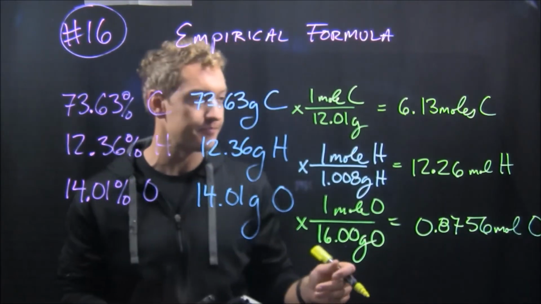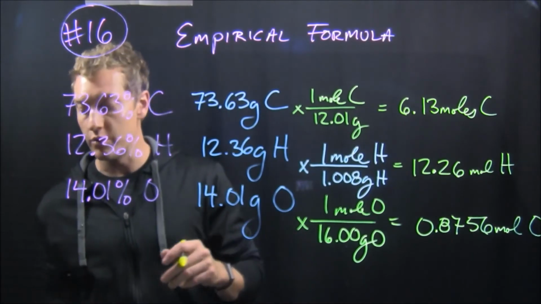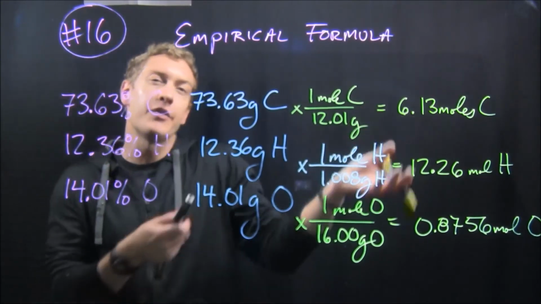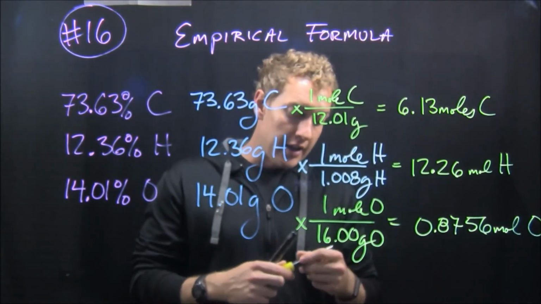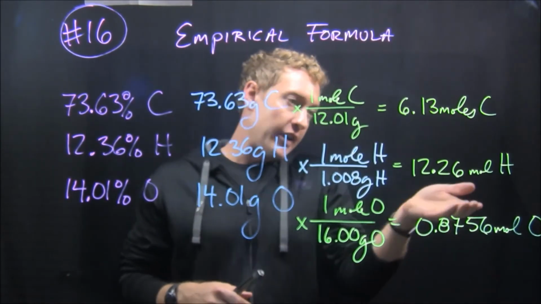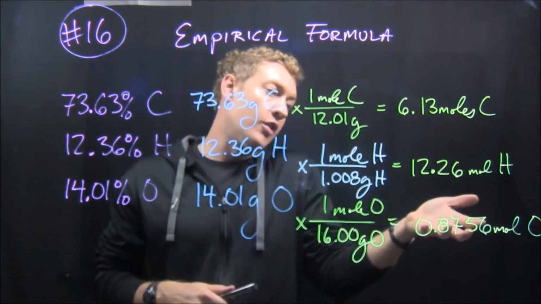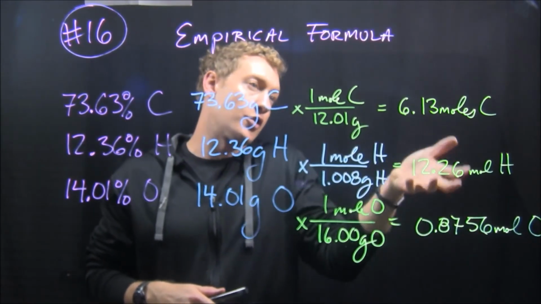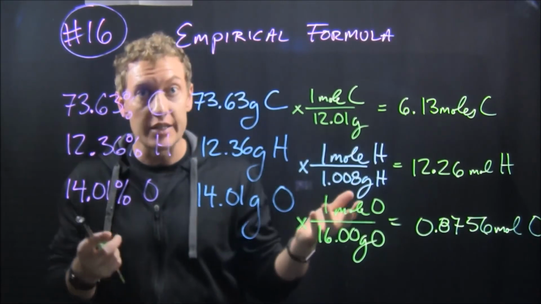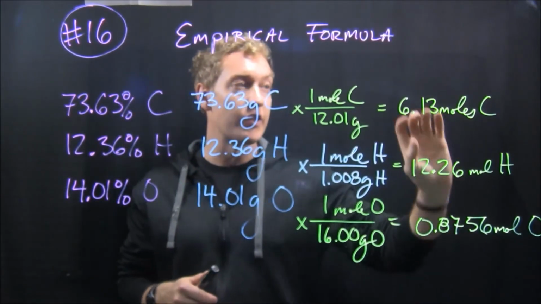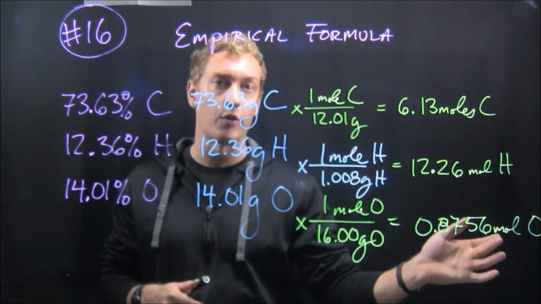All right, so now we have the moles, and you need to find the simplest whole number ratio of moles. Now, how am I going to find the simplest whole number ratio of 0.875 to 12 to 6.13? The easiest way to do that is you divide each of these by the smallest value of moles.